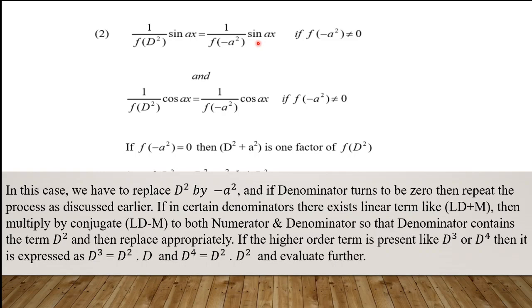Now from where you get this minus a square? Minus a square will be nothing but the coefficient of x in the trigonometric term. Sin 2x, cos 5x. Cos 5x में what is a? 5. Sin 2x में what is a? 2. So वो a मिल जाने के बाद convert it into minus a square and then replace.